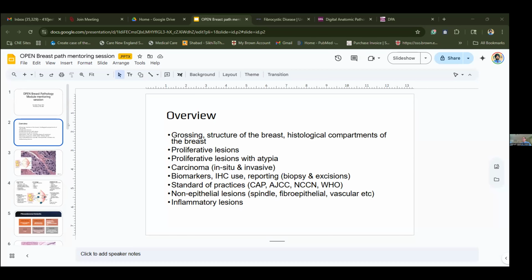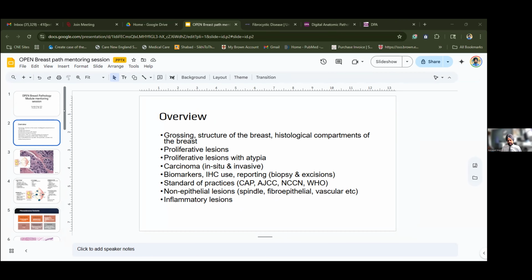And I was thinking about how to do this overview because now we are getting into a specific organ, and I would like to remind the group that whatever you have learned in the boot camp, you have to remember that. You must have learned a little bit about grossing, the gross appearance, how the sections are taken, and how you look at the sections and make a 3D impression of the actual tissue.